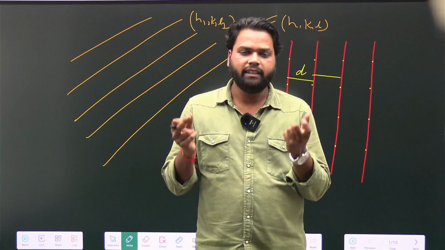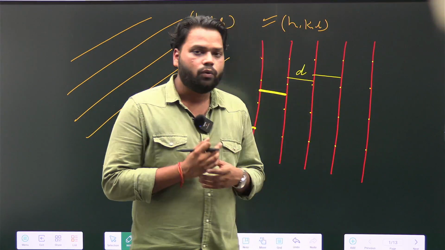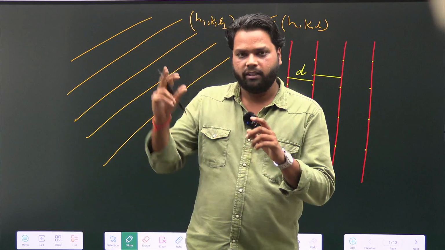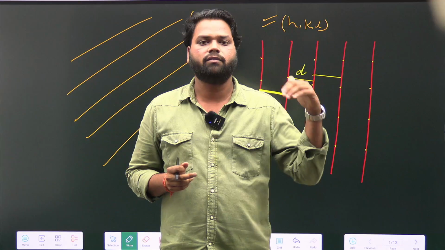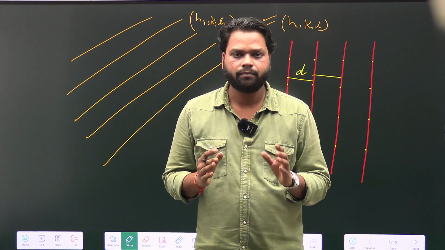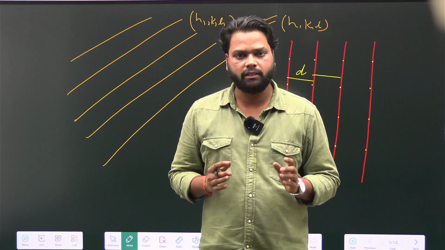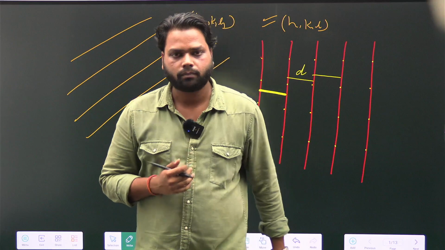There is a set of three integers which will work, so that we can see that this is 1 1 0, this is our one plane, 0 1 0, this is our second plane. Basically, in one line, Miller indices shows us the orientation of the planes in any lattice. Is it clear to everyone? Shall we move ahead?